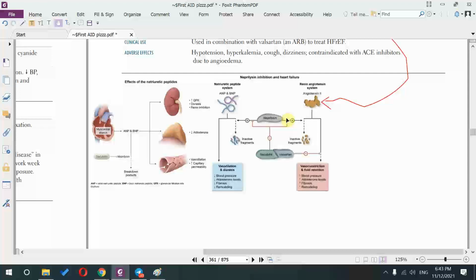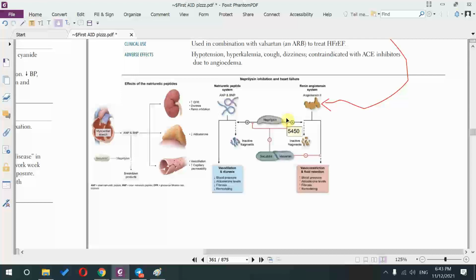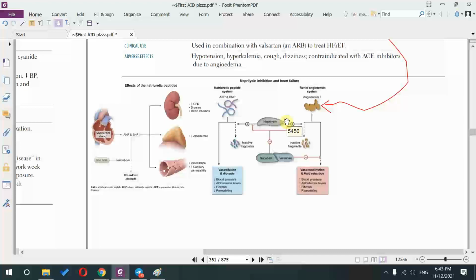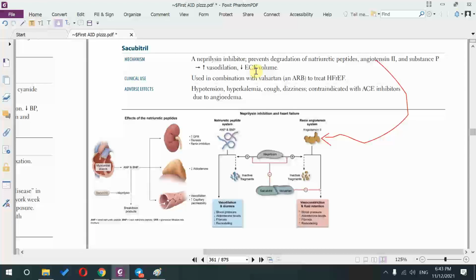Yes, exactly. Oh, I see what they did here. They have a mistake, a typo, I guess. Look, guys, they here mention one drug, sacubitril. If that was used alone, you will have more what? Angiotensin 2.